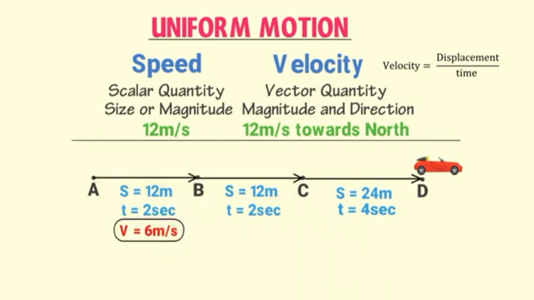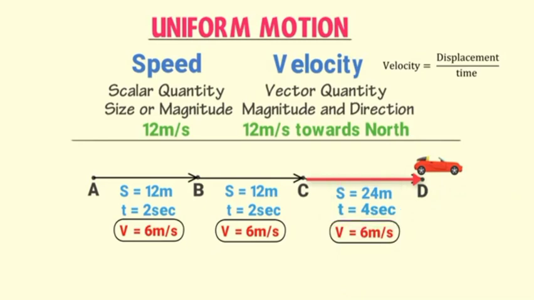The velocity of the car from point B to point C is 12 meter divided by 2 seconds, again 6 meter per second. And the velocity of the car from point C to point D is 24 meter divided by 4 seconds, again 6 meter per second.